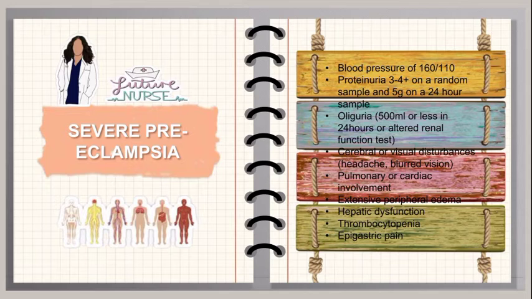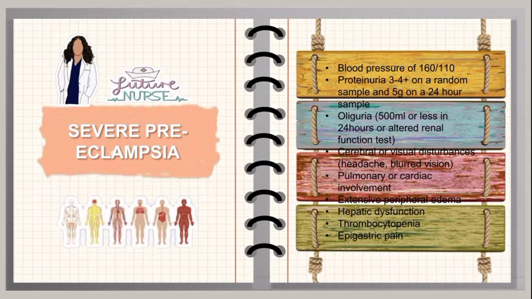There is also a higher level of proteinuria, and then extensive edema is also present. With severe preeclampsia, the extreme edema will be noticeable as puffiness in a woman's face and hands.